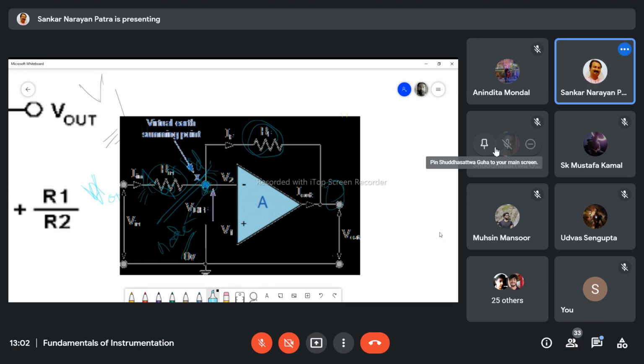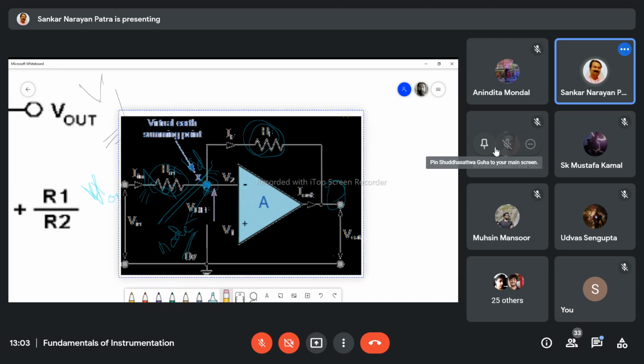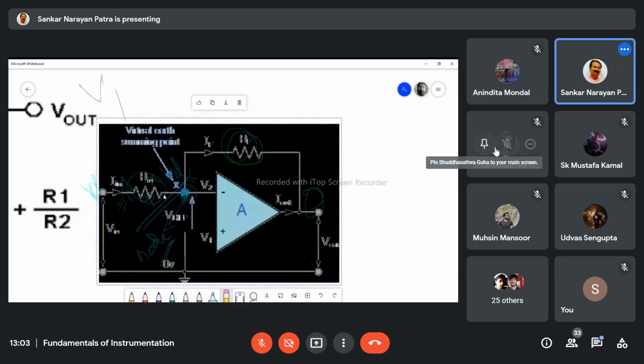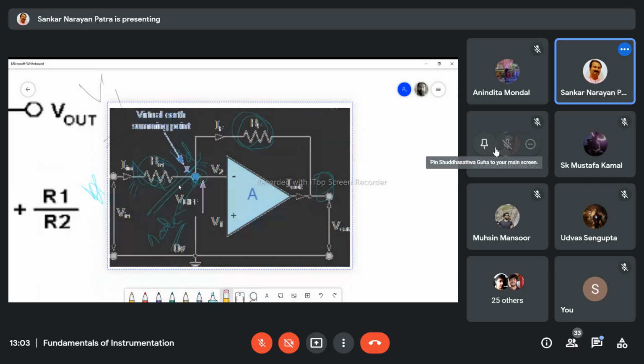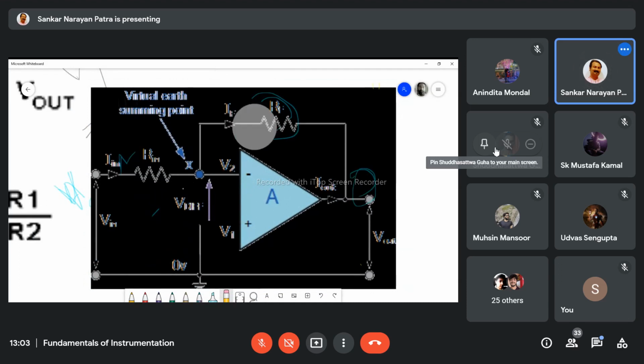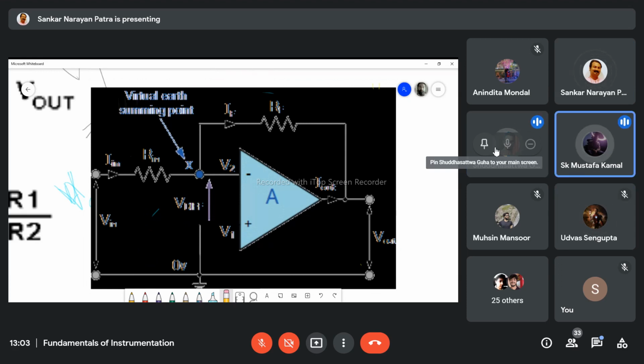So according to Kirchhoff's current law, what can you find here? Do you have any idea of Kirchhoff's current law? Yes, sir, at the node. At the summing point we can apply it.